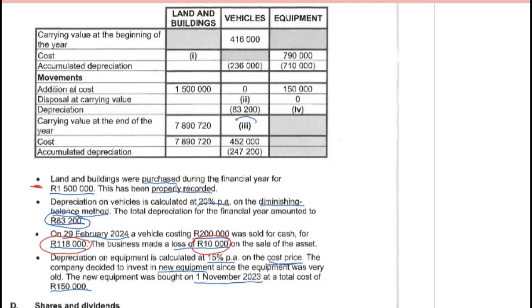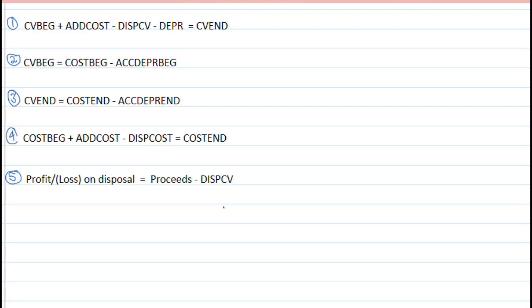Number 3 requires us to calculate the carrying value at the end of the year for vehicles. We've already done that calculation, but I will repeat it here. The carrying value at the end of the year, we are looking at this equation.